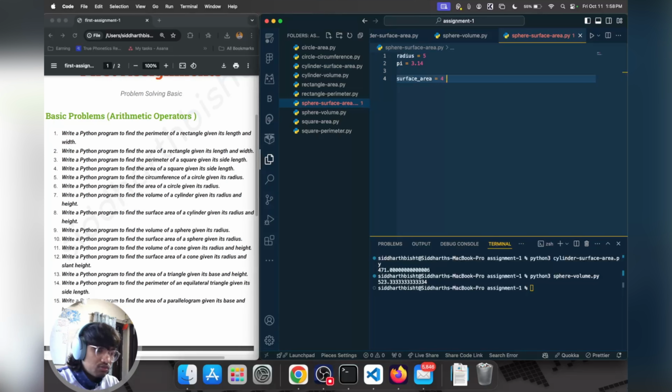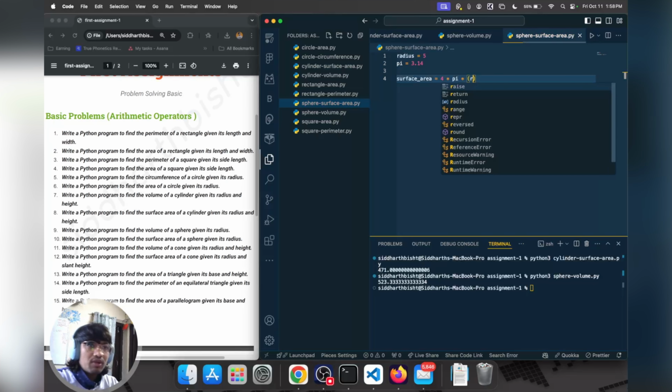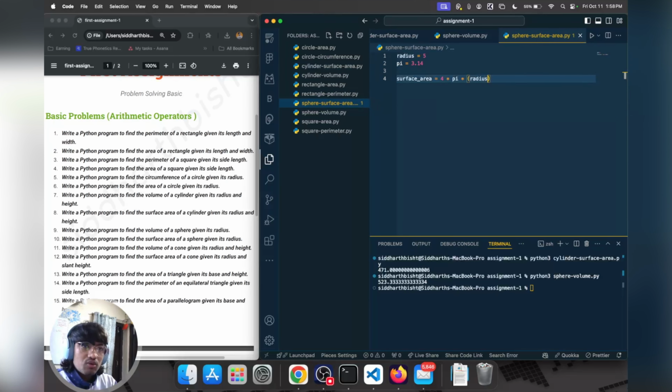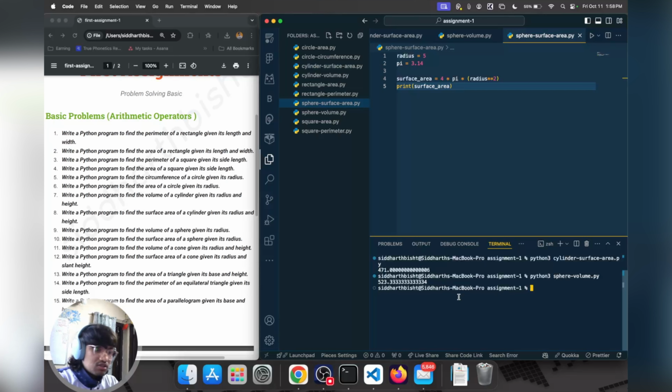So 4 multiplied by pi multiplied by r square. So let's take a bracket here, which is not required, but we will be safe, r square. And we can also do it like radius multiplied by radius, that is also fine. So print surface area, and it will just have our surface area.